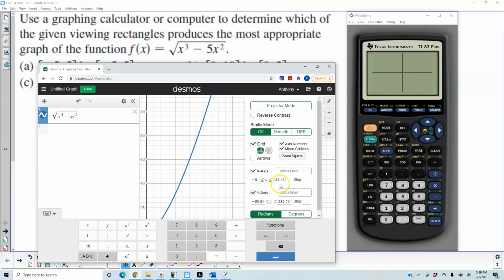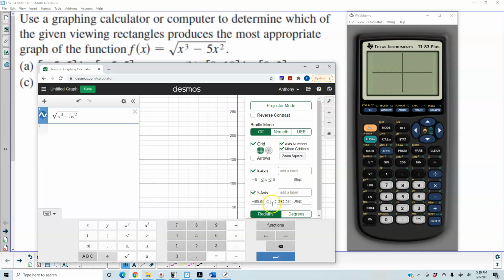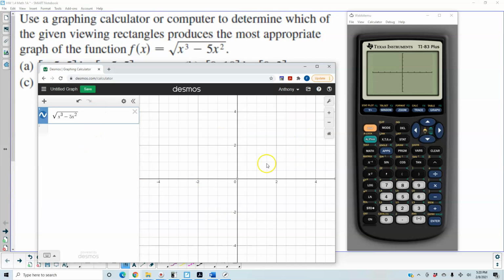So we have -5, -5, and 5. If we take this viewing window, we do not see the graph.